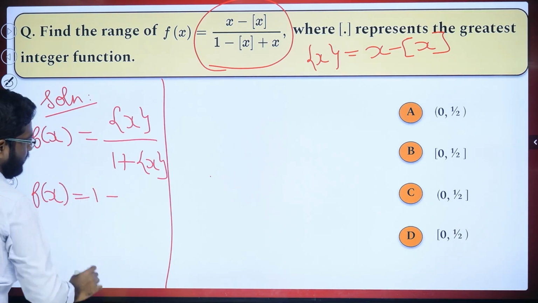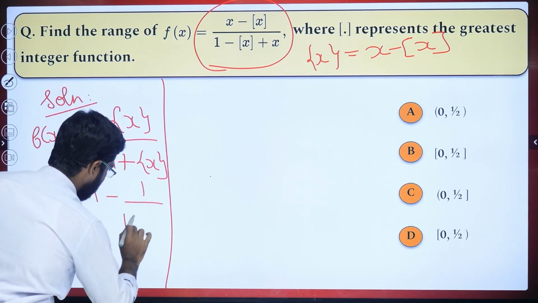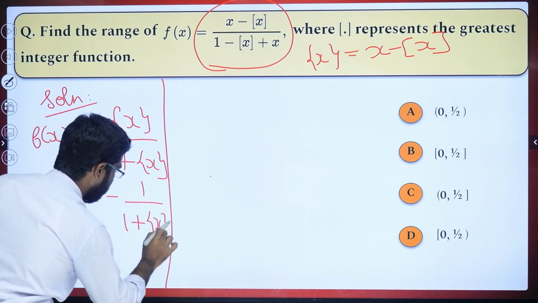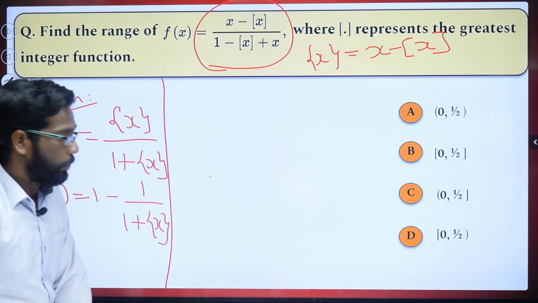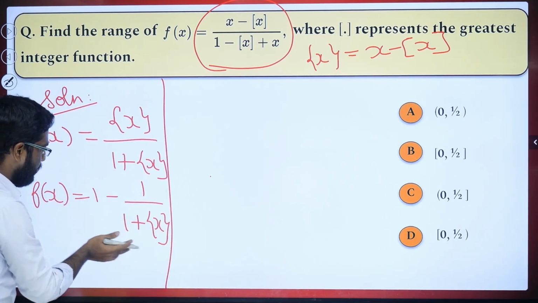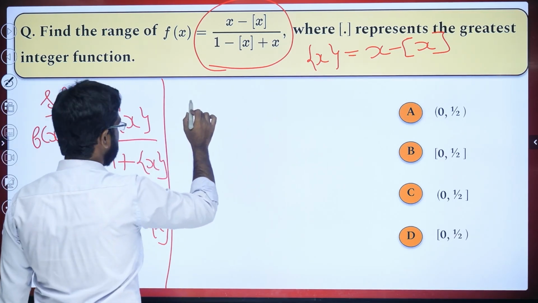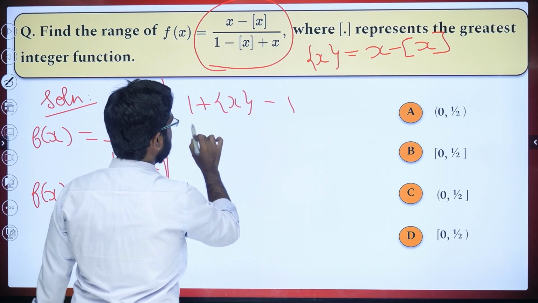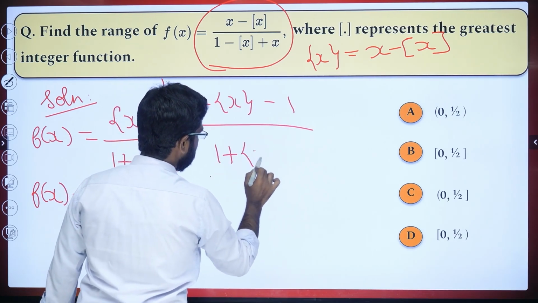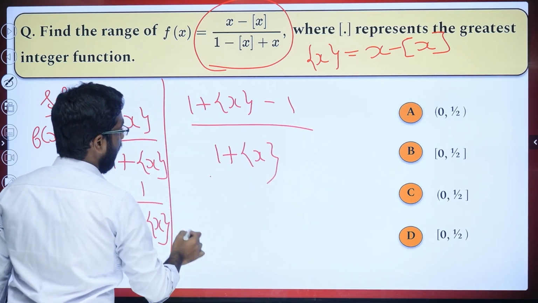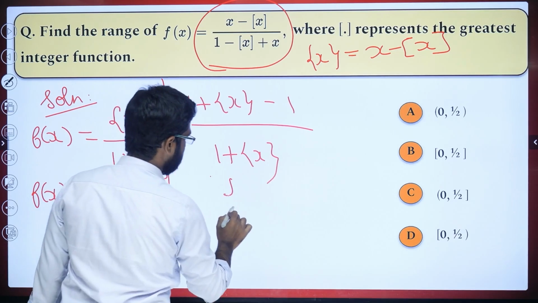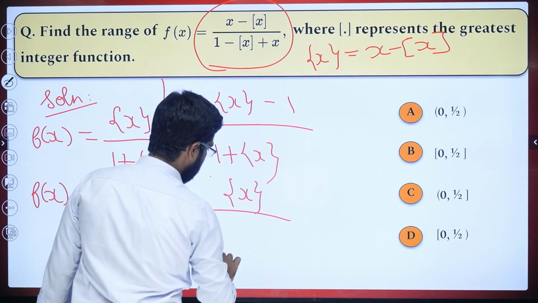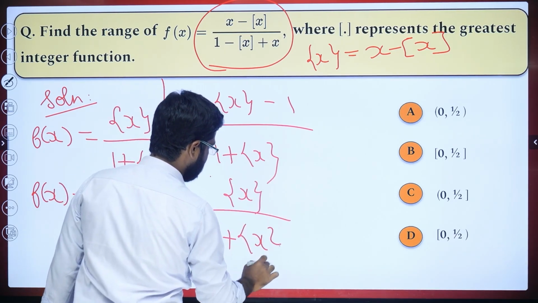1 minus 1 divided by 1 plus the fractional part of x. Okay, so if I take again the same thing, my dear students, 1 plus the fractional part of x minus 1 divided by 1 plus the fractional part of x, again I will get the same thing: the fractional part of x divided by 1 plus the fractional part of x.